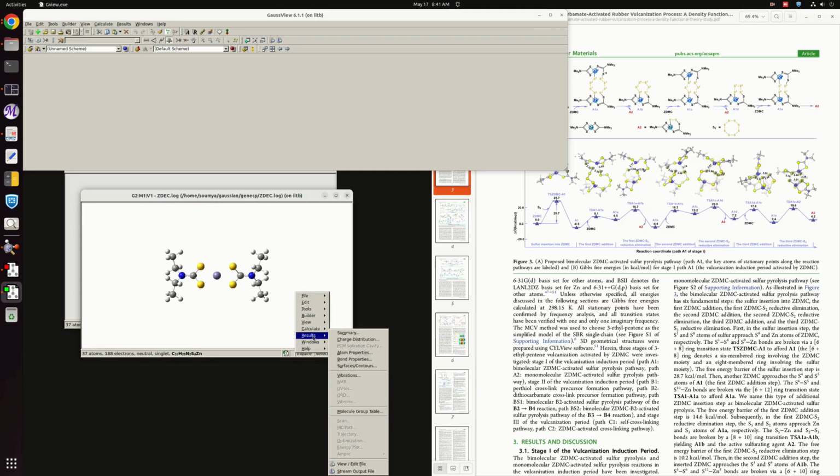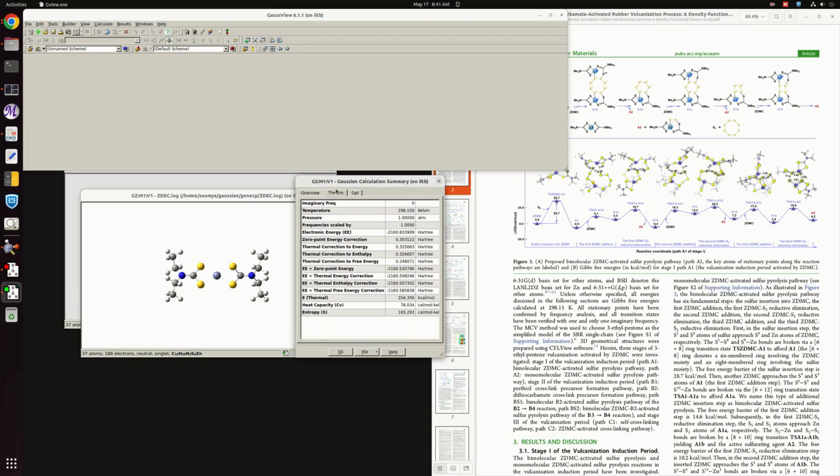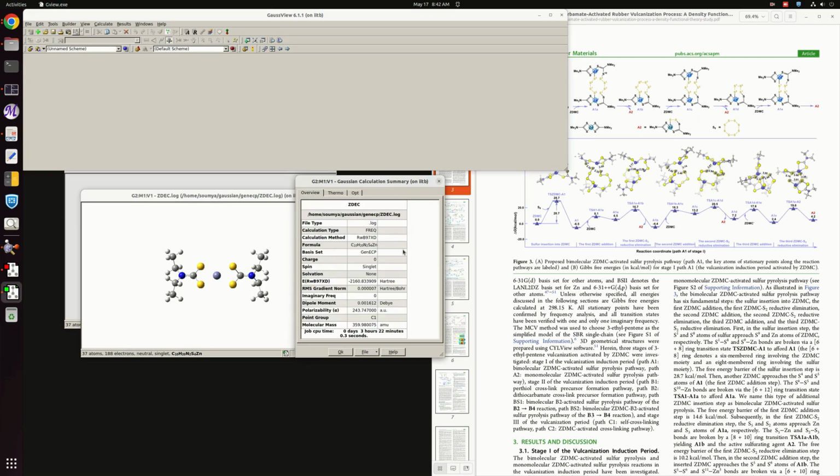And here you can check that this is the energy value that we got with this functional, that is -2160.833909. And in the thermochemistry you can see that the imaginary frequency count is 0, and the optimization has also converged, and we have also done this frequency calculation, and this is the result for that. And this is how we got the result with GENECP.